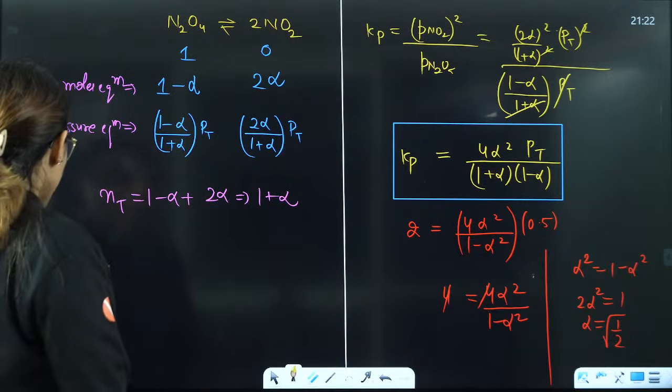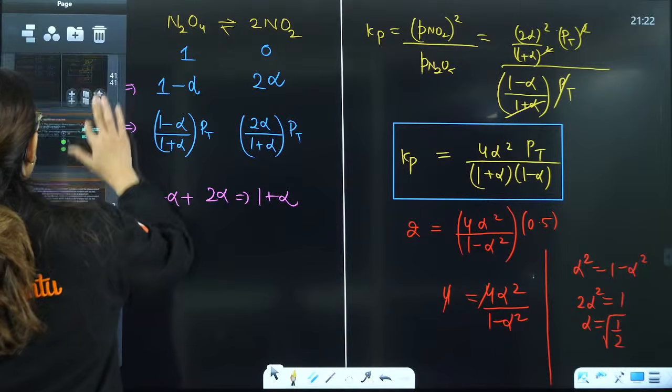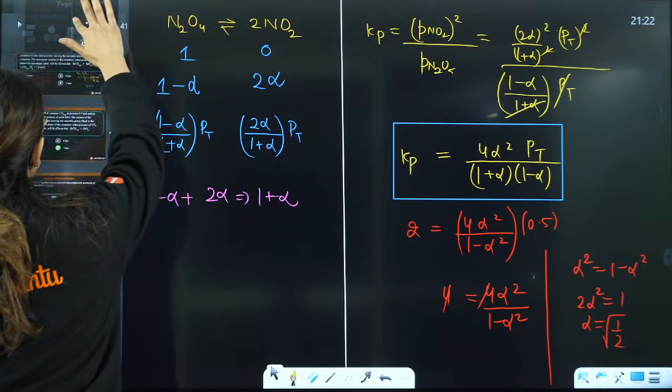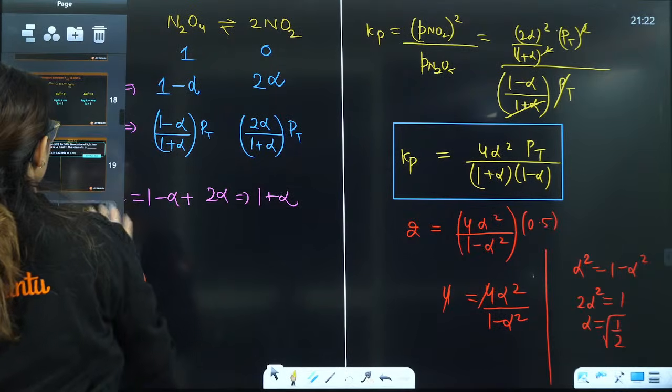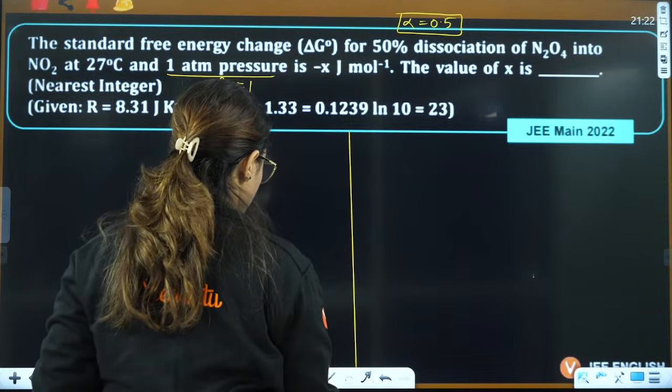What I'll do is just copy paste this slide and move it there, because if you ask me to calculate the same thing again and again, it becomes tiresome, right? Okay.